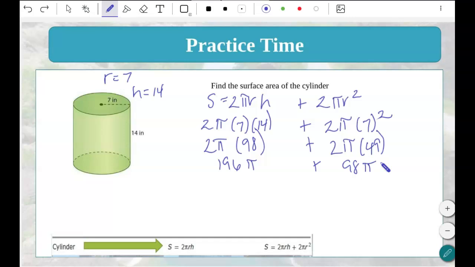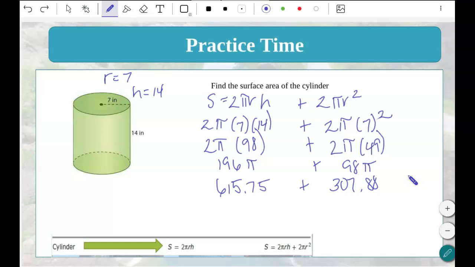I'm going to go ahead and just round that. Normally it tells you to round. 98 pi, so again 98, then second, the caret key, 98 times pi is 307.88.